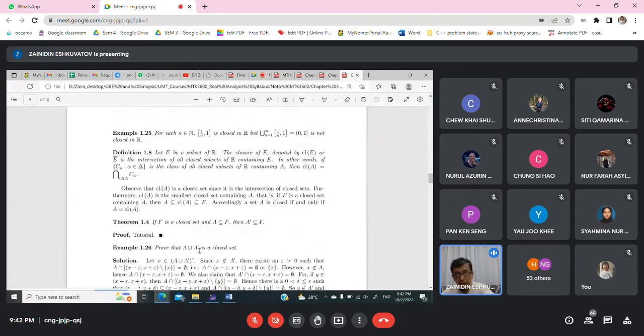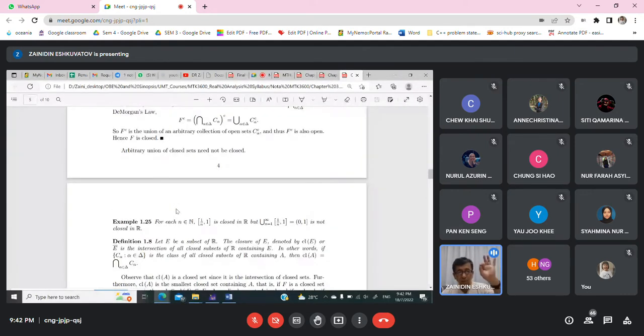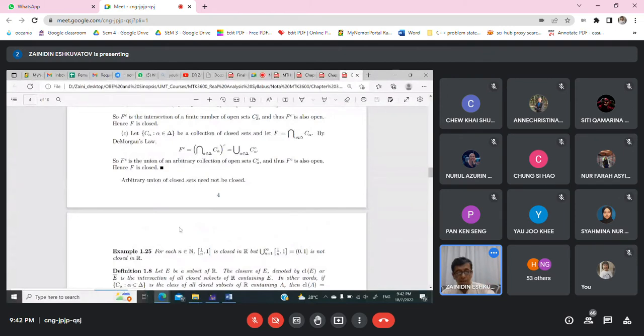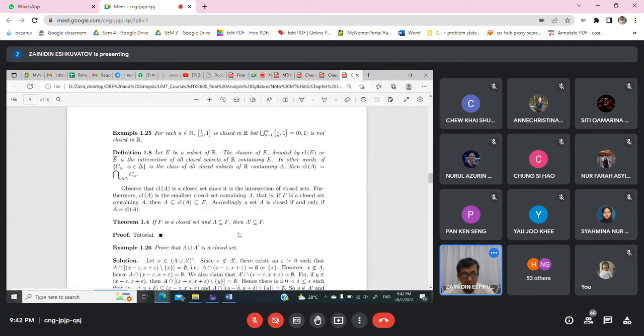A^C is a complement, but this A prime, if I'm not mistaken, is the set of accumulation points. Am I right? Prove that A union A prime is a closed set.